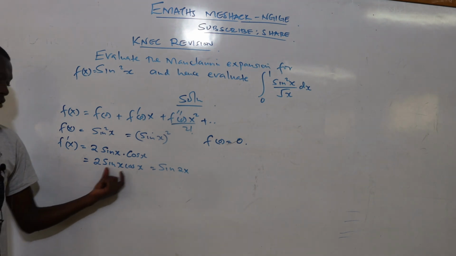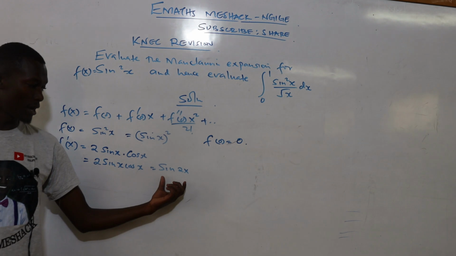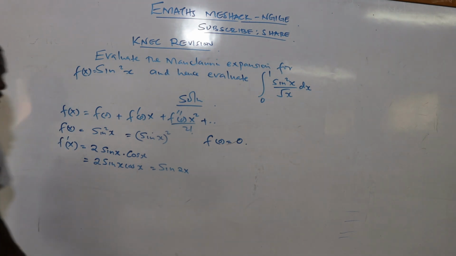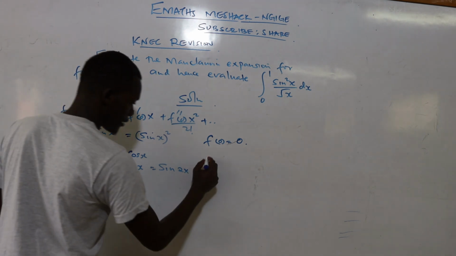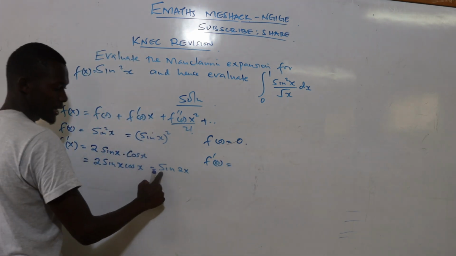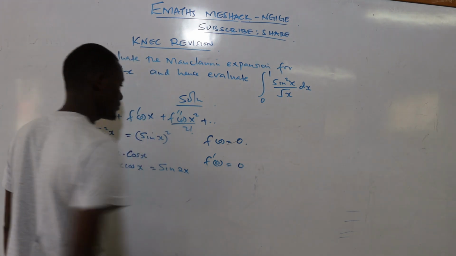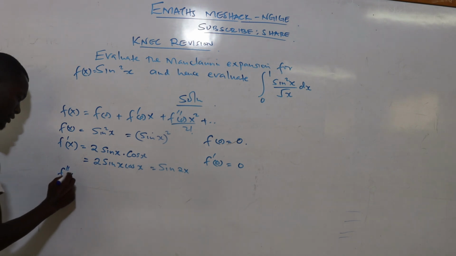So instead of having two functions multiplied together, we can put them as one by double angles, which is just represented by sine of 2x. So our first derivative here will be sine of 2x. Therefore f prime of 0: sine of 0 times 2, which is sine of 0, which just gives us 0.